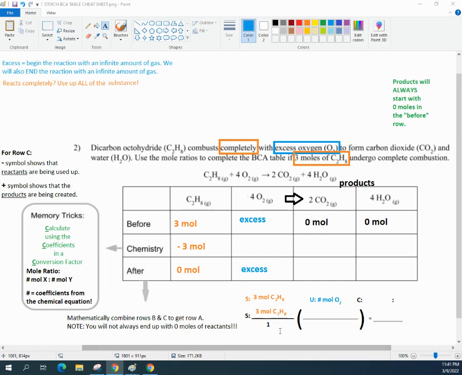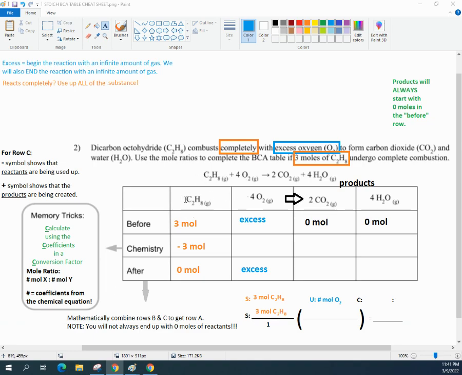So if we are trying to get from moles of C2H8 to moles of O2, that means we need to be looking at the mole ratio between those two substances. Remember, our mole ratio takes the number of moles of one substance compared to the number of moles of another substance in a balanced chemical equation. Those numbers are the coefficients from the chemical equation, which is why I like writing them down.